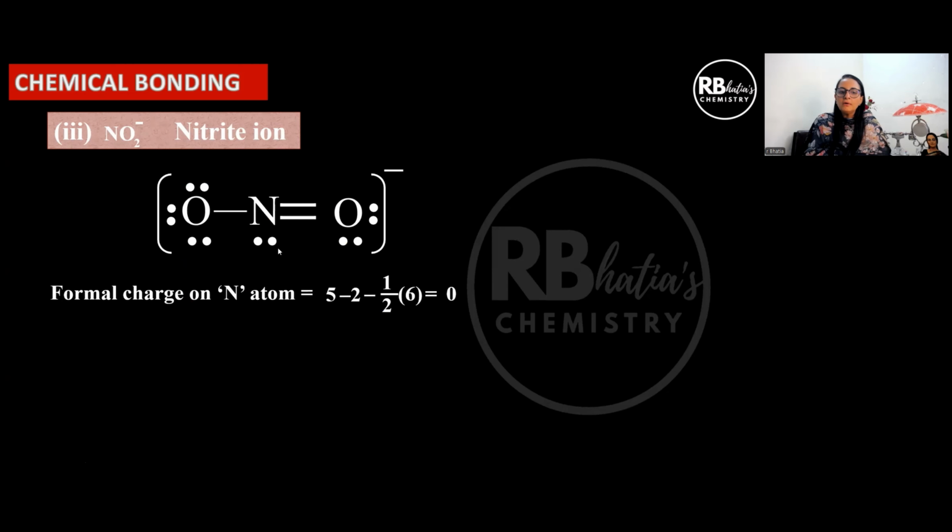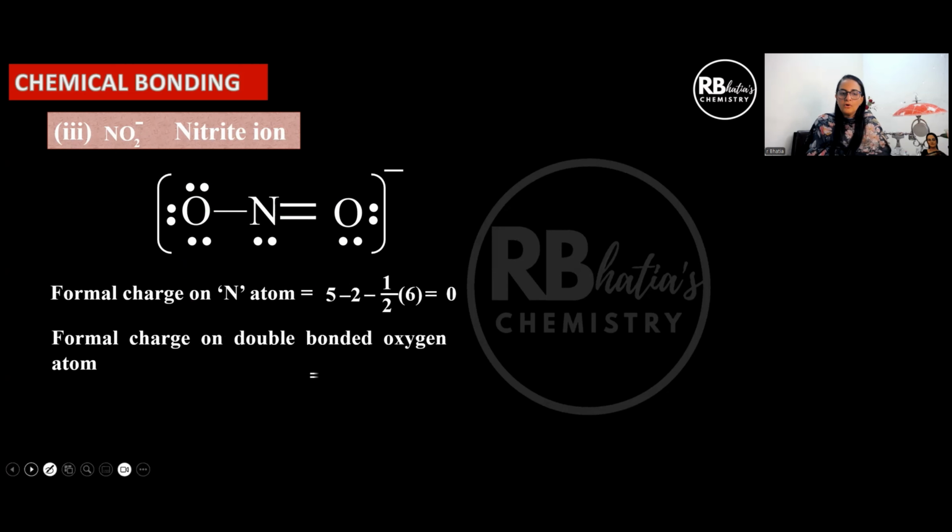What did we do here? 5 is the valence electron in nitrogen. This 2 is because of this. And 3 bonds around nitrogen means 6 electrons. So it comes out to be 0.